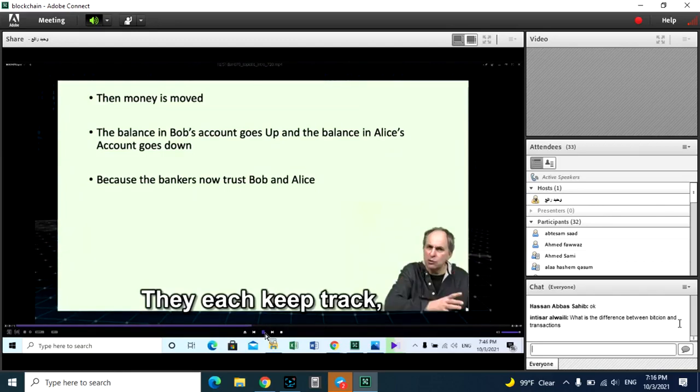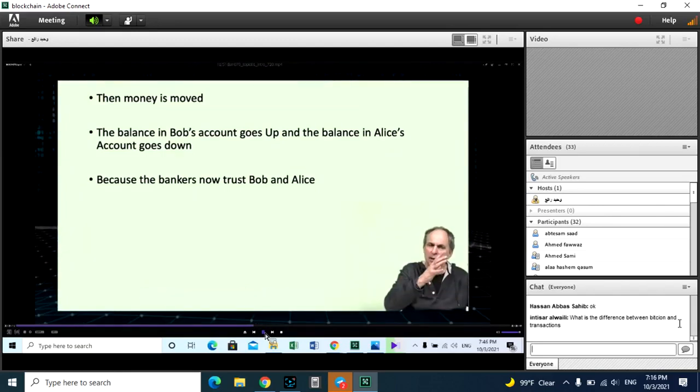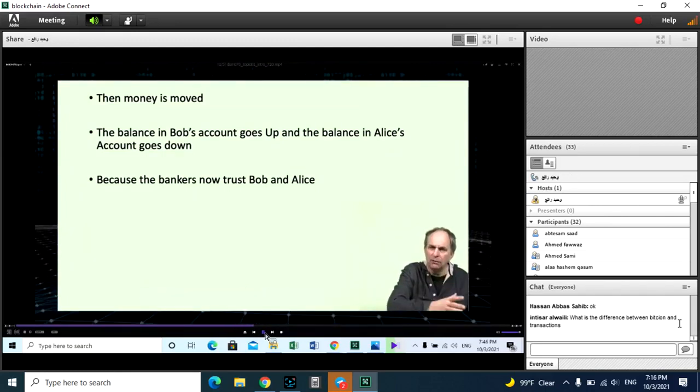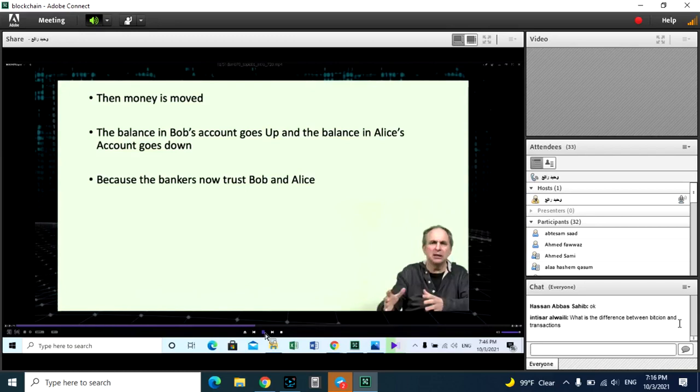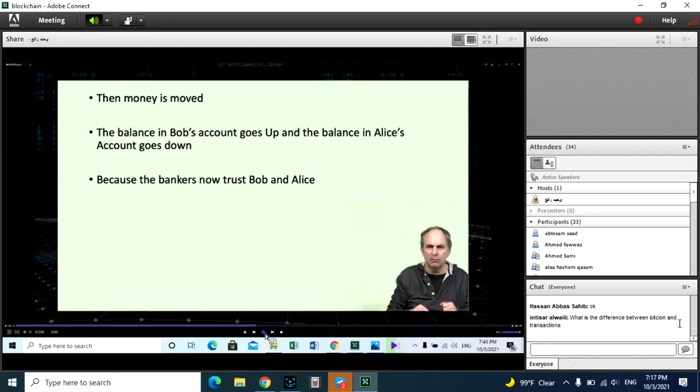So they each keep track of how much money Bob has and how much money Alice has. That's how it works.